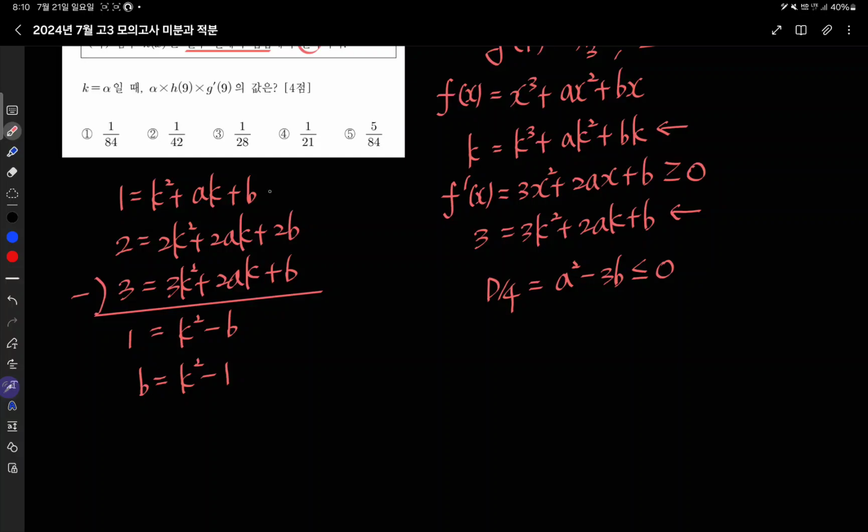And if we substitute b with k squared minus 1, this equation becomes this.